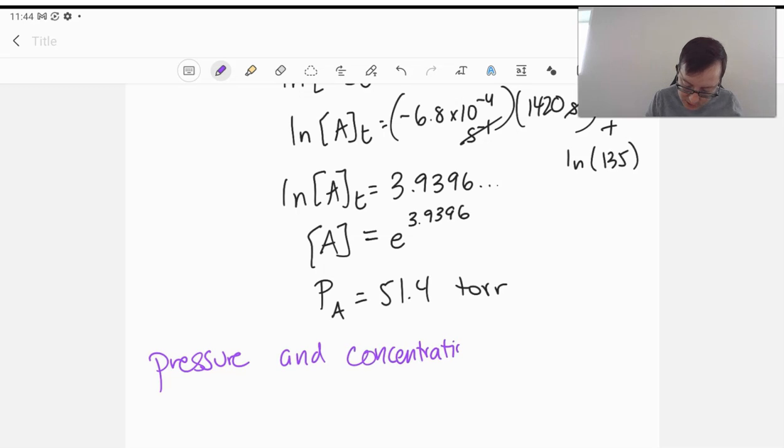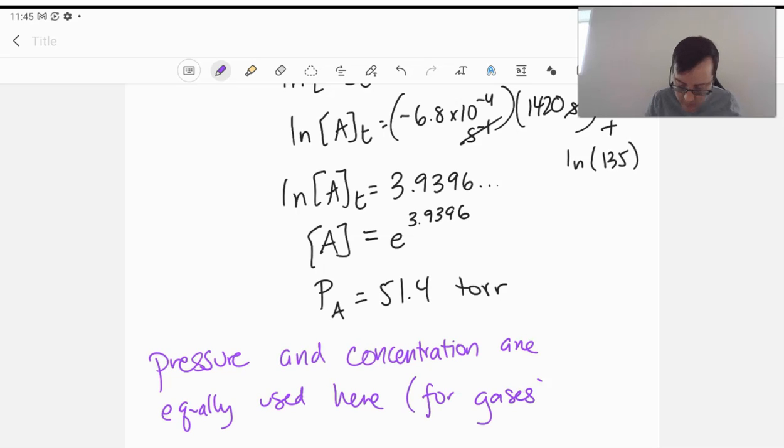Pressure and concentration are equally used here for gases. Obviously, we're not going to use an osmotic pressure or something. I suppose we could, but it'd be bizarre. For gases, we can use either pressure or concentration. So molar, or we can use pressure, torr, atmosphere, wherever it may be. And again, it's just going to be the same unit that we have before.